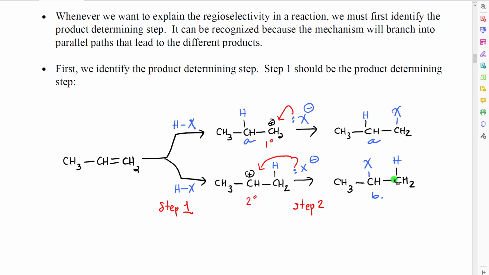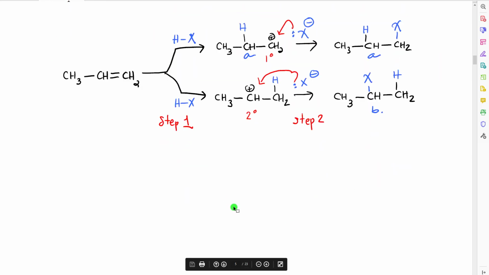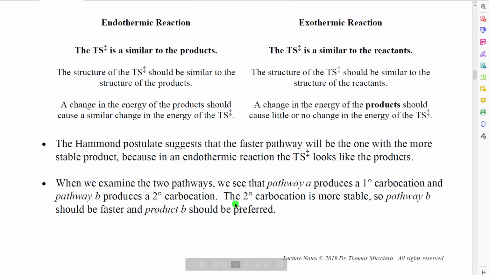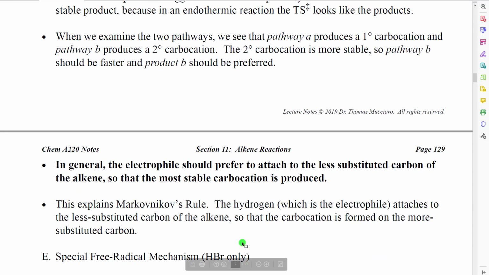So this explains Markovnikov's rule. In general, then, we would really expect this to apply to all different types of electrophiles, even when they're not hydrogens. And in fact, we observe this. But Markovnikov's rule itself really spoke specifically about reactions that add hydrogens.